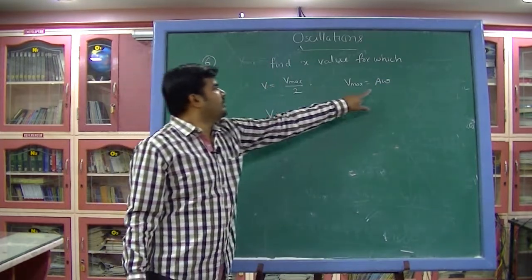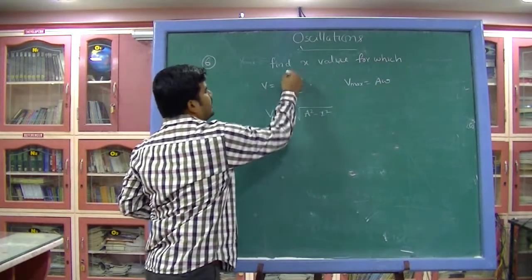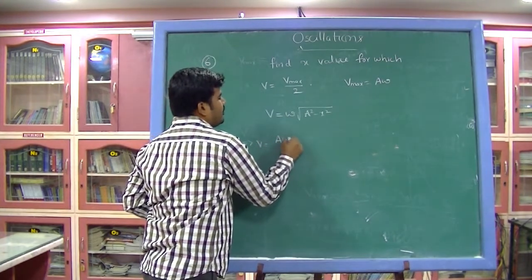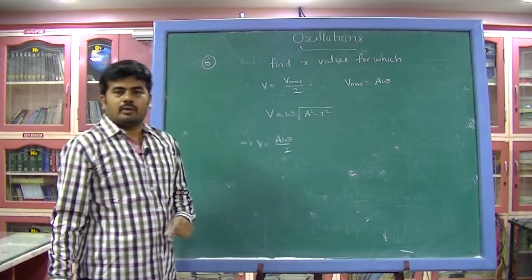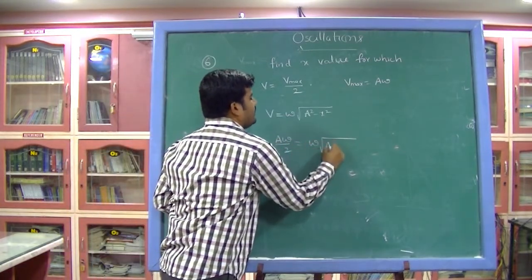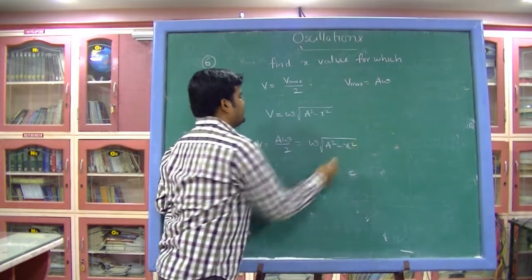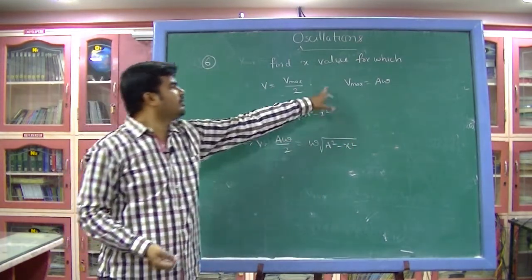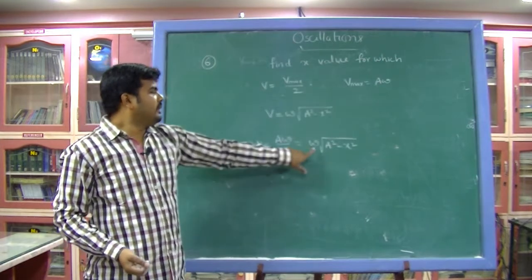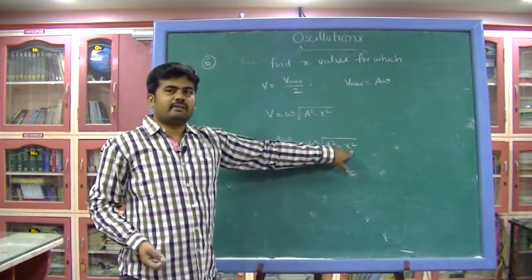So V is equal to V maximum, A omega divided by 2, which is equal to omega into the root of A square minus x square. I just substituted the given condition in the formula. Then if you solve it for x, you will get the required answer.